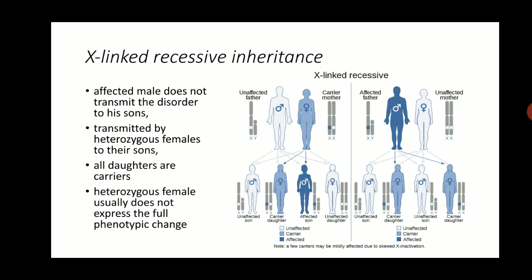As you can see in this diagram, two common scenarios of X-linked recessive disorders are depicted. On the left hand side, the mother is a carrier and the father is unaffected. In this scenario, the X chromosome from the mother is transmitted to the boy and the boy is affected.